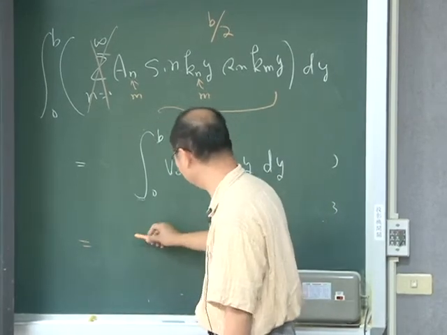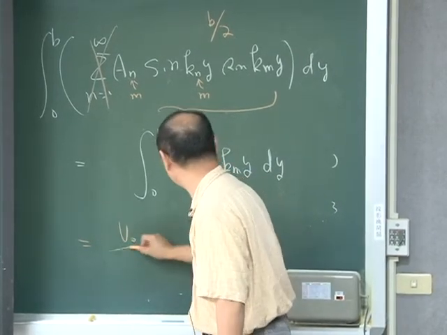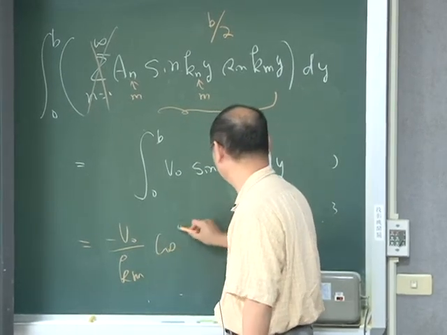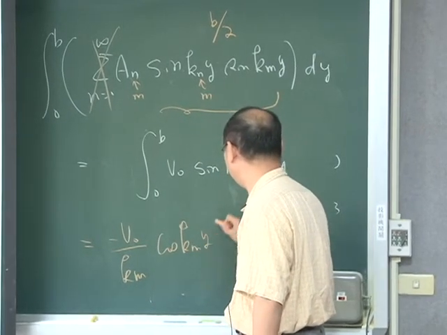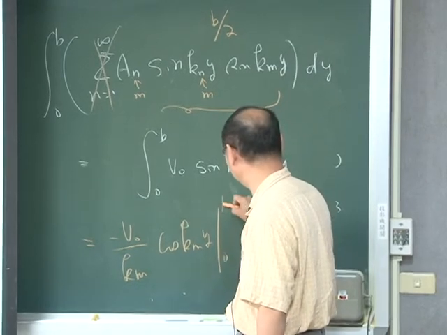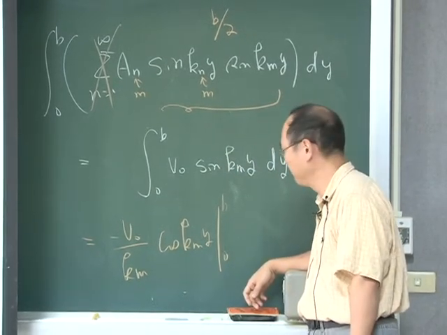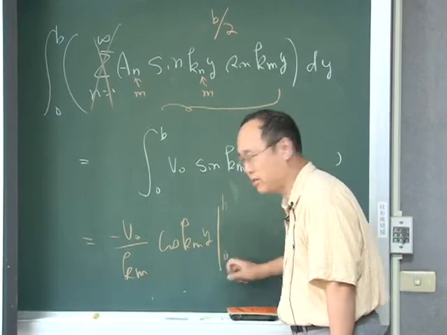This is equal to v naught over k_m times minus cosine k_m y, y from 0 to b. Okay, and you can do this calculation, right?